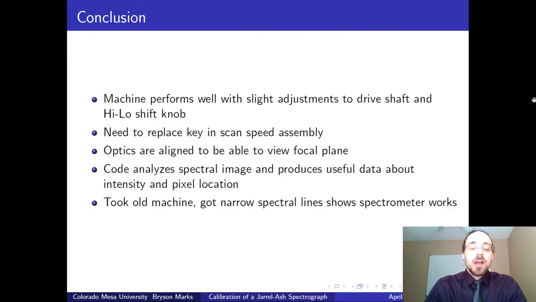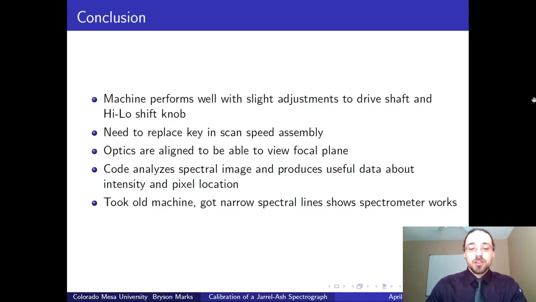We also know that our code analyzes the spectral images and produces useful data that we can use. We also realized that we are able to take an old spectrometer, get narrow spectral lines that can be used to get useful information, and this shows that we are able to get this machine to work.